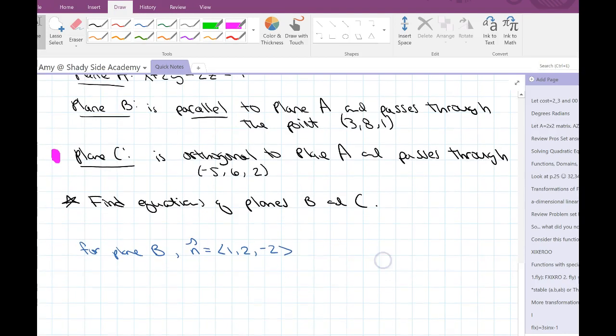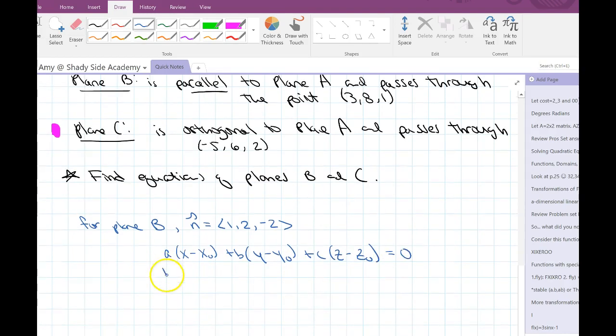And because plane B passes through the point (3, 8, 1), I know by the equation of the plane, which is A times (x minus x naught) plus B times (y minus y naught) plus C times (z minus z naught), that this dot product has to equal 0.